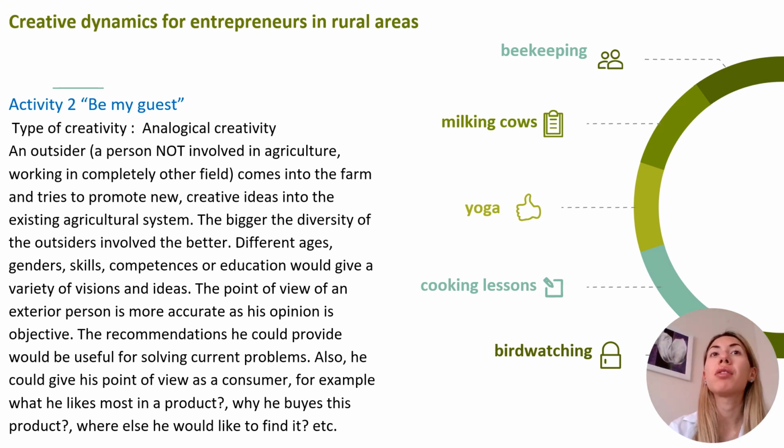The recommendations he could provide would be useful for solving current problems. Also, he could give you his point of view as a customer, for example, what he likes most in your product if you are offering a product, why he buys exactly this product, where else he would like to find it, etc.